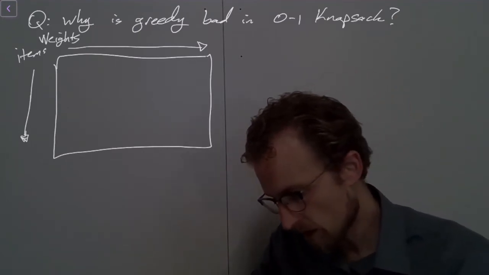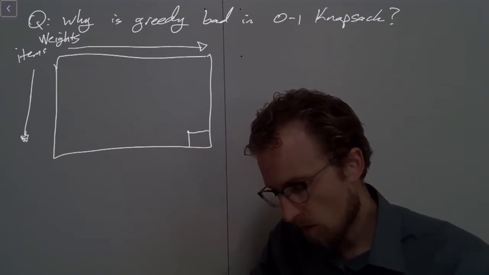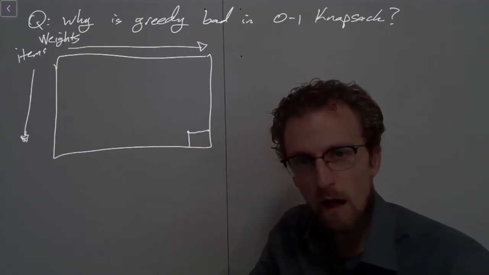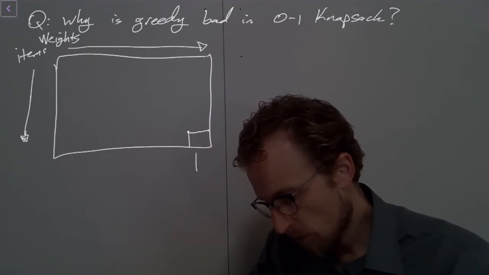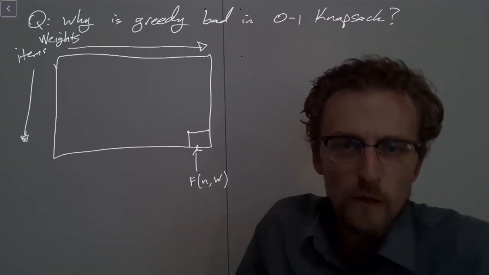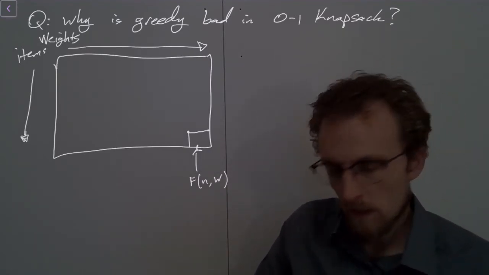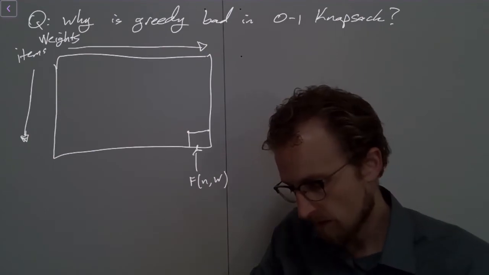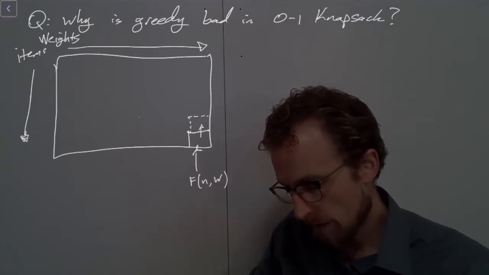The first way is to start here in the lower right. So the question in our algorithm is what value belongs here, right? What is that f of n and w? And the thing we observed in the DP algorithm is that it either depends on what's here, or it depends on something that's over here.